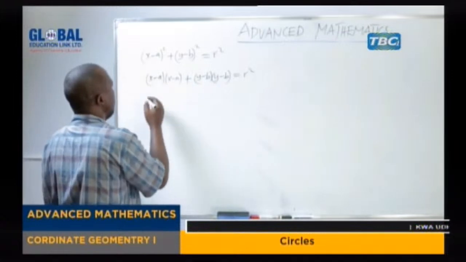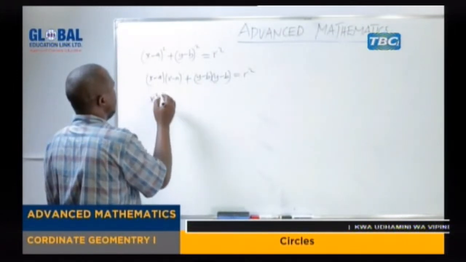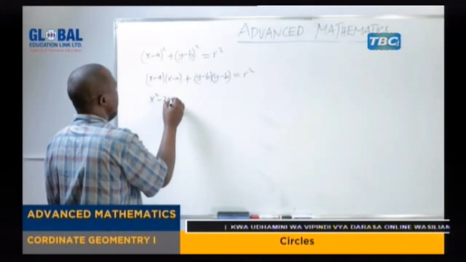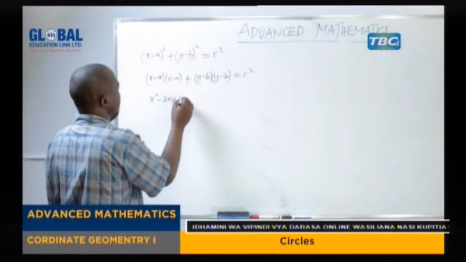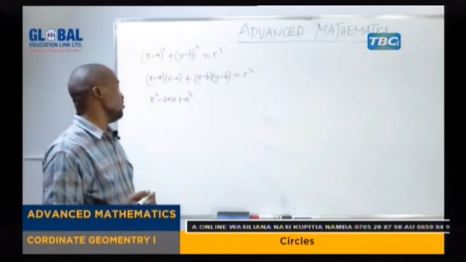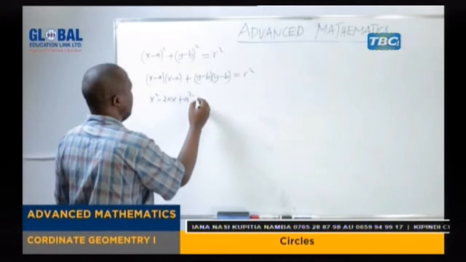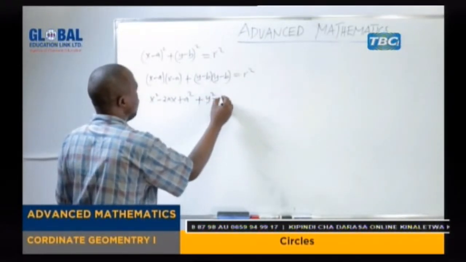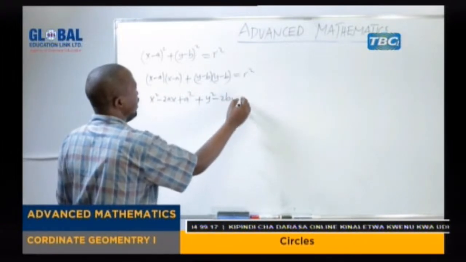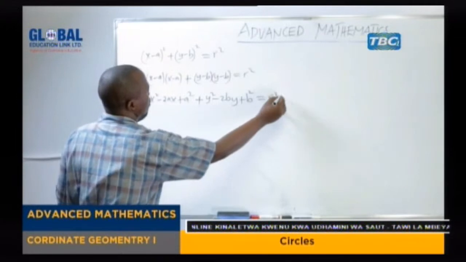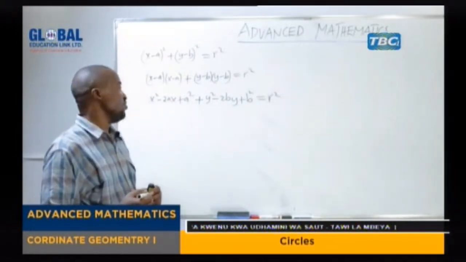In this case we are going to have x squared minus 2ax plus a squared. That is for the case of x. Then plus, for the case of y, we have y squared minus 2by plus b squared, which is equal to r squared.